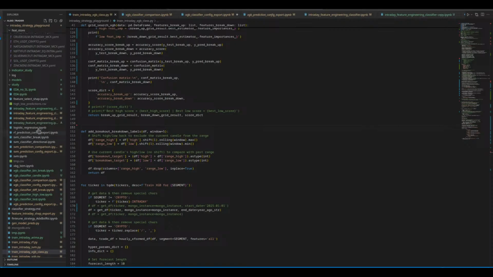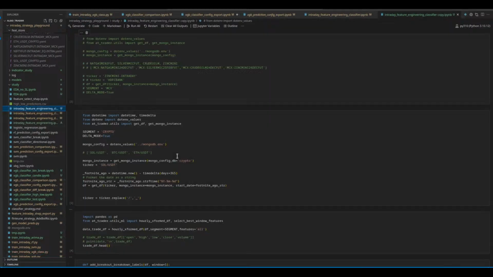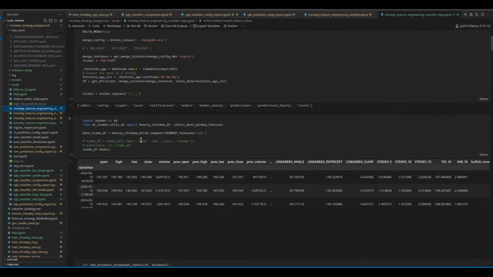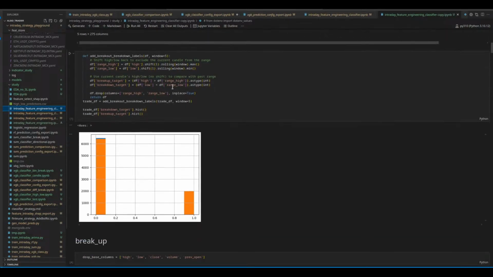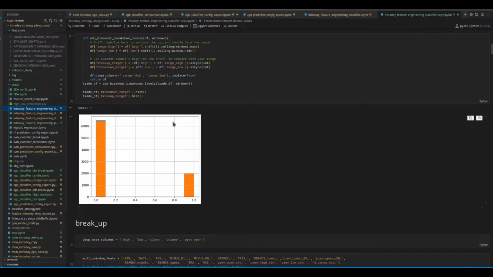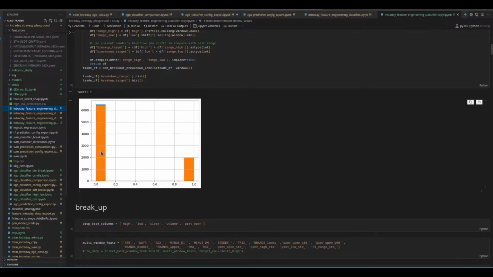And this is where I am selecting the features. And obviously, there is a huge bias or difference in a data category.